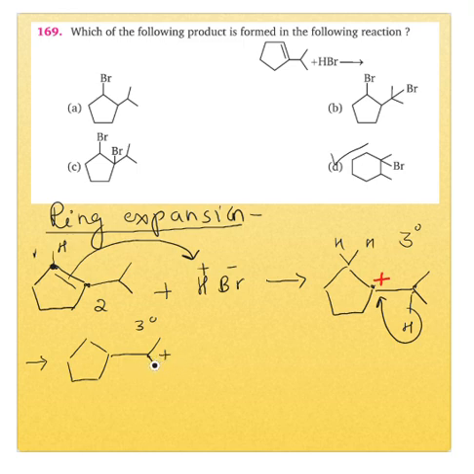Now the carbocation is formed. The crucial step here is that the ring will open up. You can break either from here or here, it doesn't matter because it's a symmetrical molecule. I would prefer taking from here. That means the ring is expanding. If you don't understand this in one step, I'll give you a simple trick.